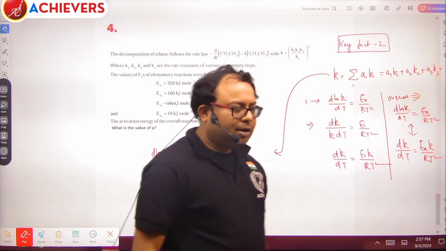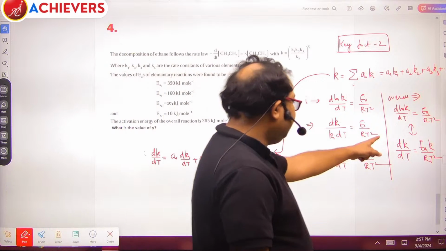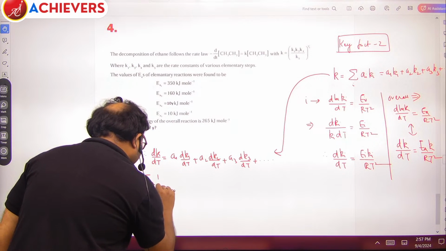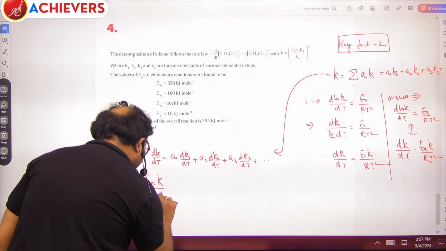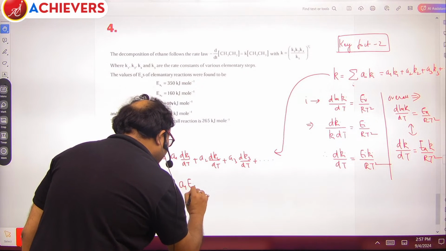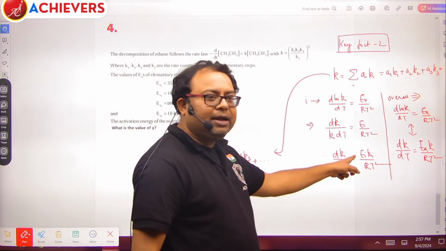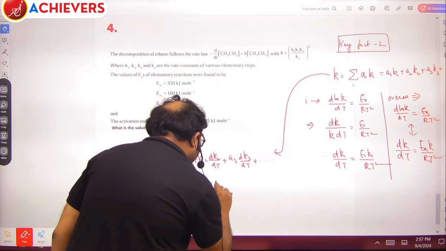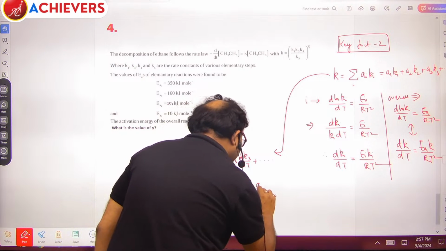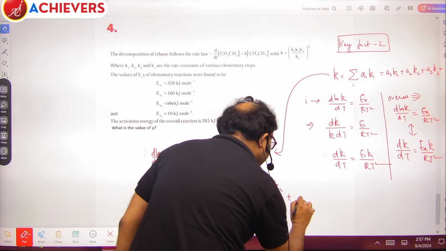By the same mathematical logic, write it in this way: overall activation energy multiplied by overall K by RT square equals A1 E1 K1 by RT square. dk1 by dt is E1 K1 by RT square. dk2 by dt is E2 K2 by RT square. This is E3 K3 by RT square. And the series continues in this manner.